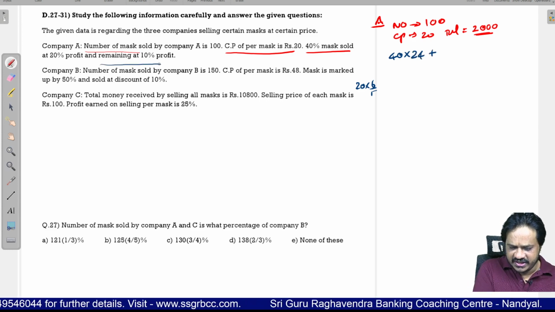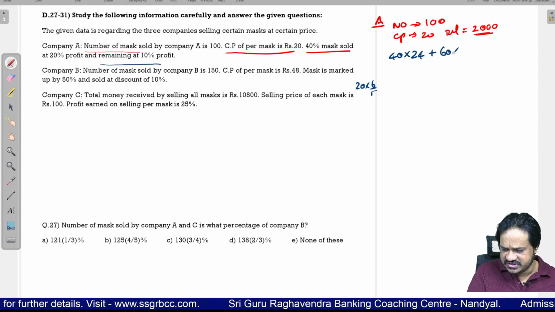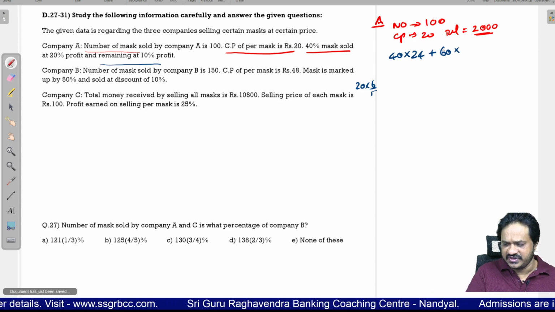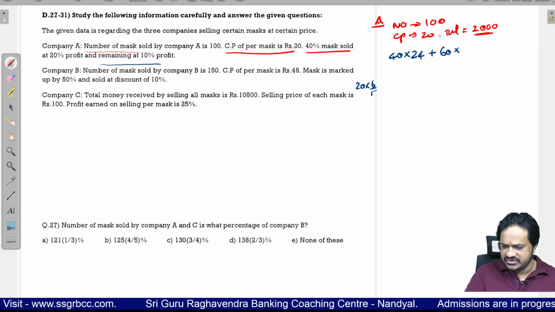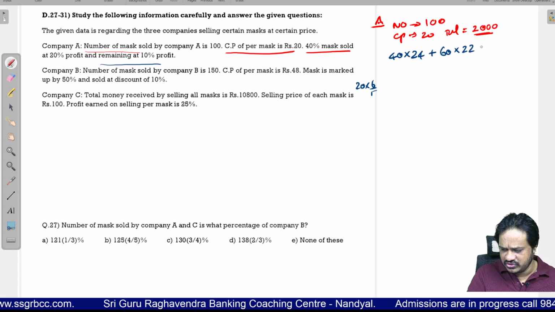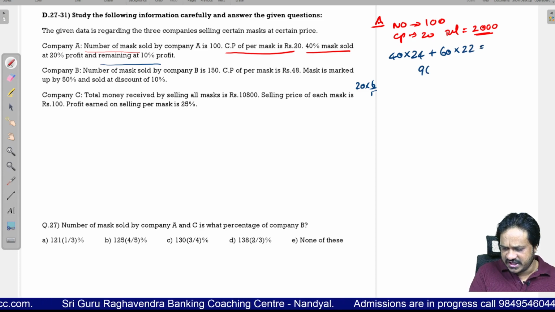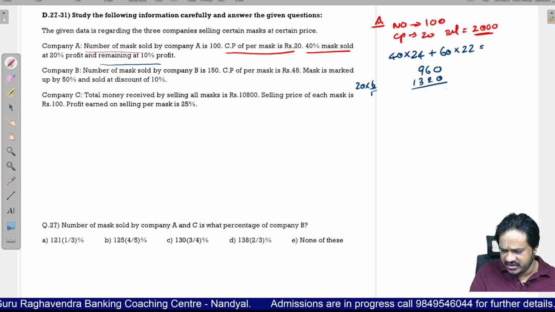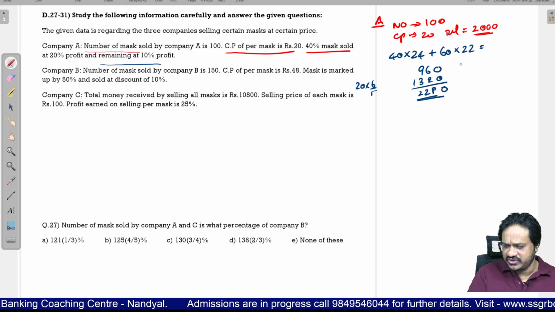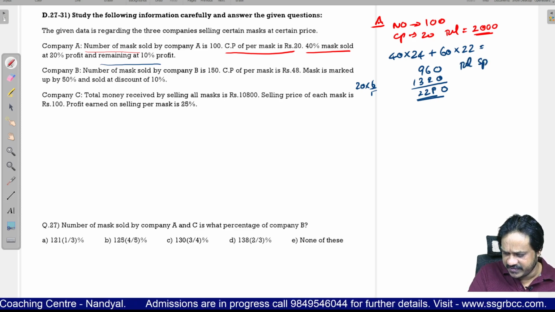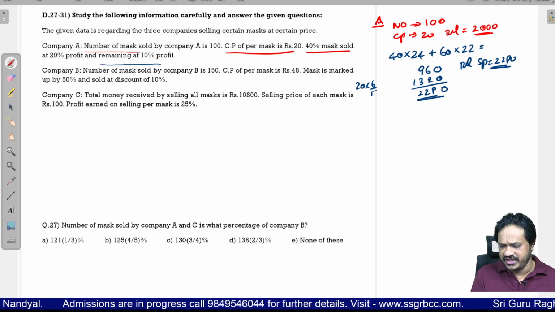Then remaining means 60 masks. They are sold at 10% profit. 10% profit means, in 20, 10% is 22. If you do this calculation, 960 plus 1320 is 2280. The 2280 is the total selling price. This is all about A.